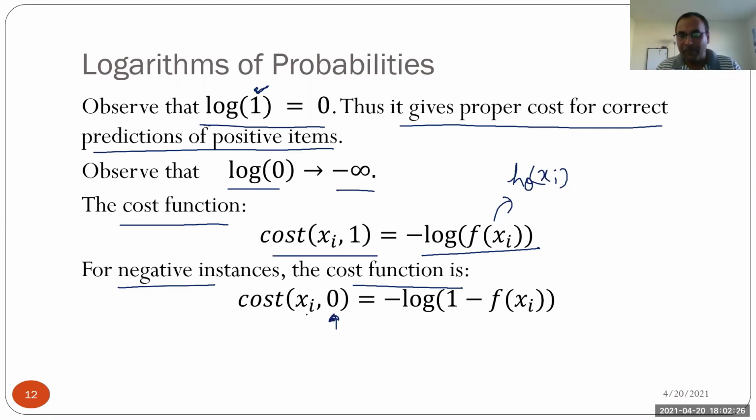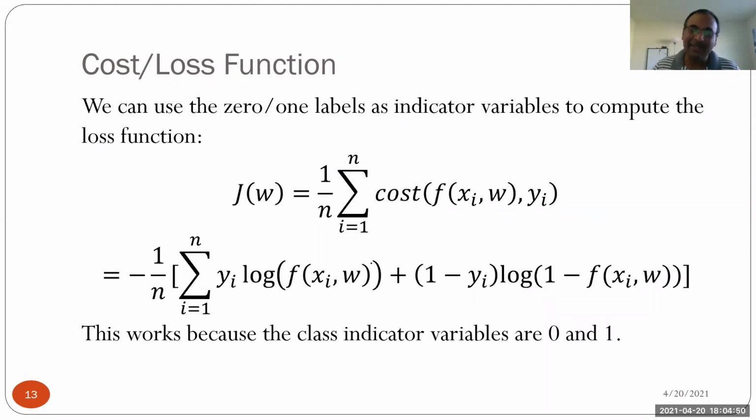Cost for xi, when we know the reality is 0, is minus log of 1 minus f of xi. So this again is h theta of x. More complex thing, right? This should be my last slide for today, and hopefully I will restart from the same slide in our next meeting.